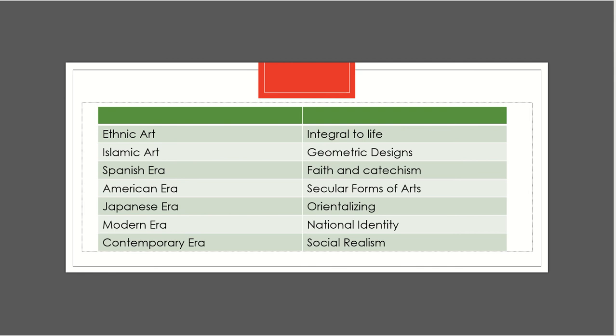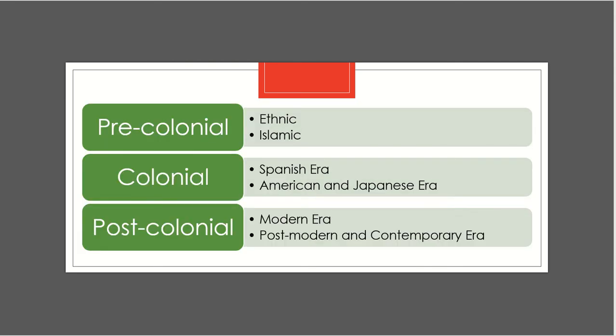Last meeting, we were able to identify the difference between modern and contemporary arts. So, as what we had discussed, it was all about the period of time. Now, these are categorized into three: the pre-colonial, the colonial, and the post-colonial era.